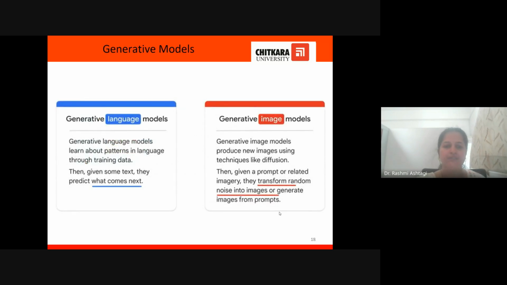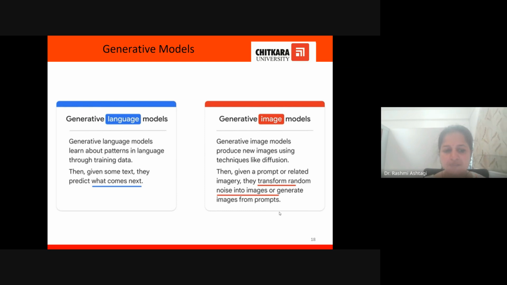Okay, so we have generative language models. We all are hearing about LLMs, which are nothing but large language models. The generative language models learn patterns in the language from the data we give for training.